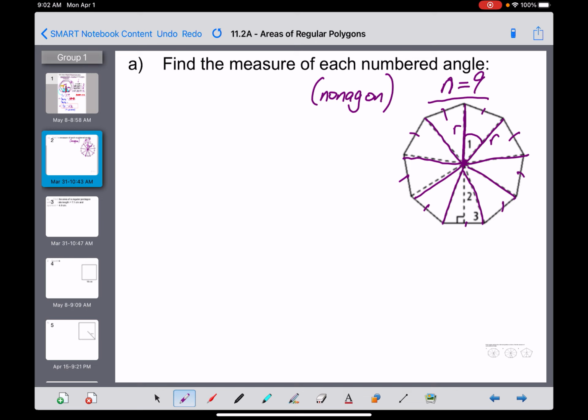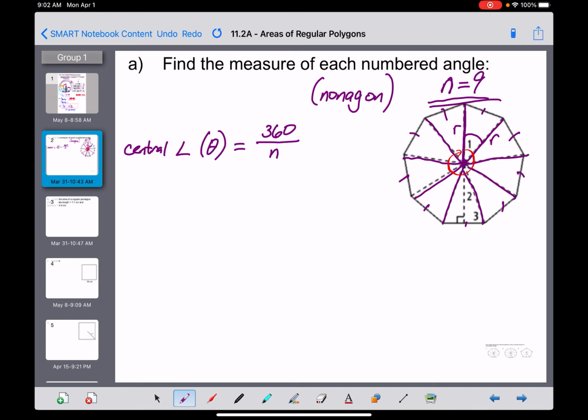A central angle is one that has its vertex right at the middle. Now, if we were to add together all 9 of these central angles, that's going to make one complete circle here, guys. So what we're doing is trying to find the measure of a central angle, which we usually call theta. We've used that variable before. The way we always do that is we take 360 degrees and simply divide that by the number of sides you're dealing with in each of these problems.